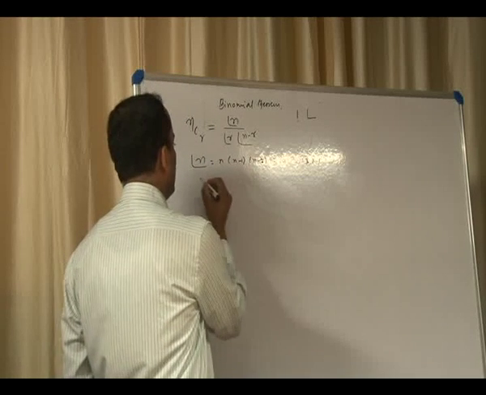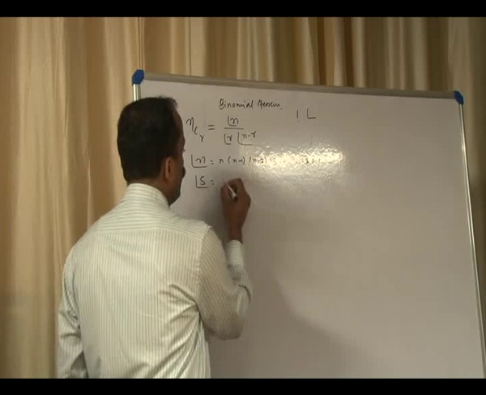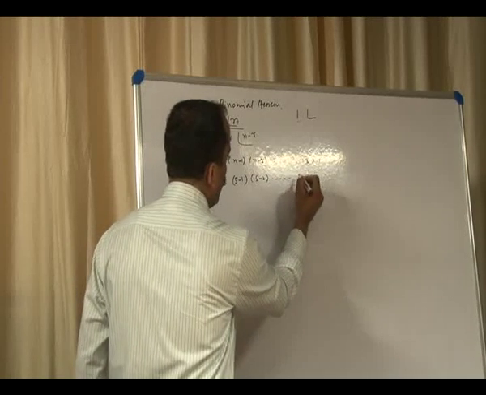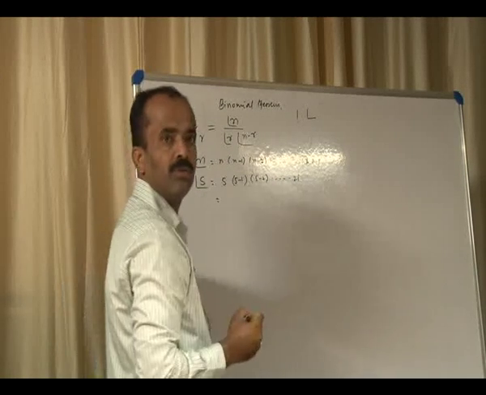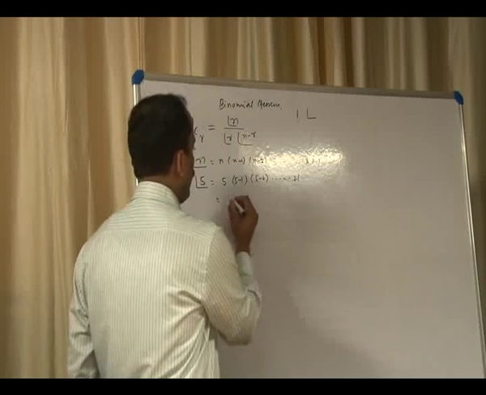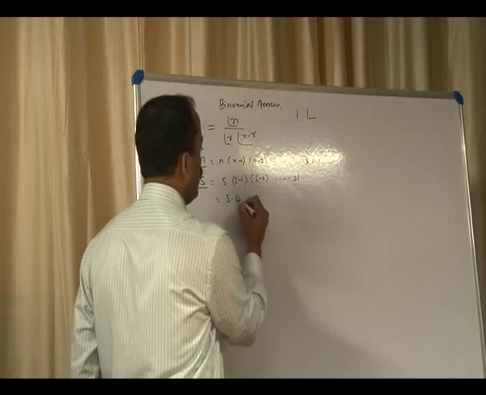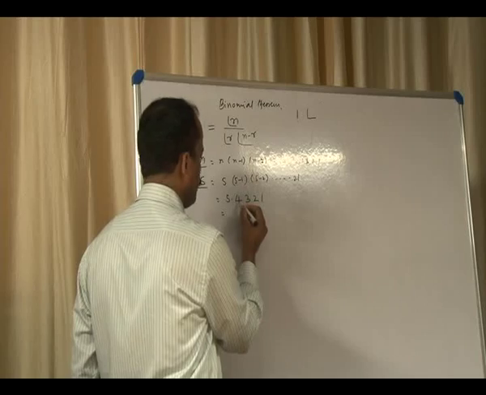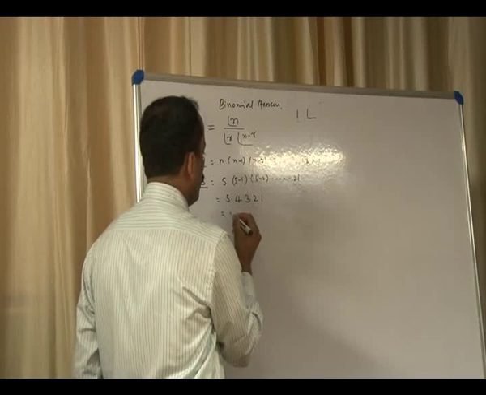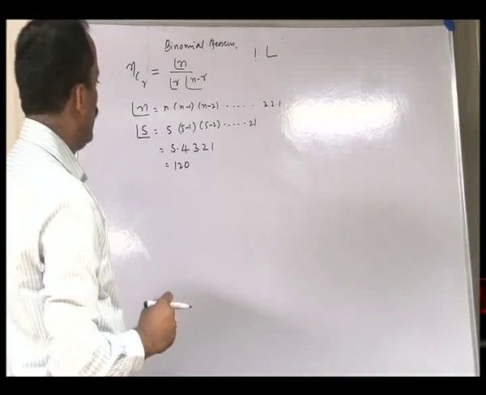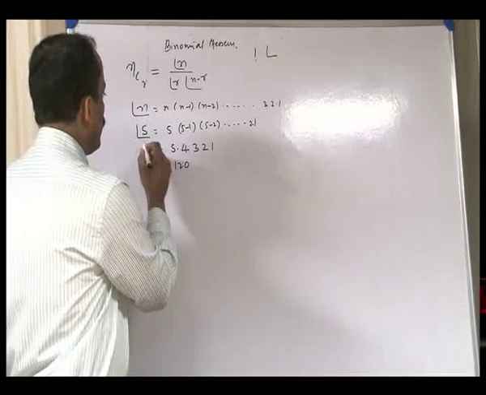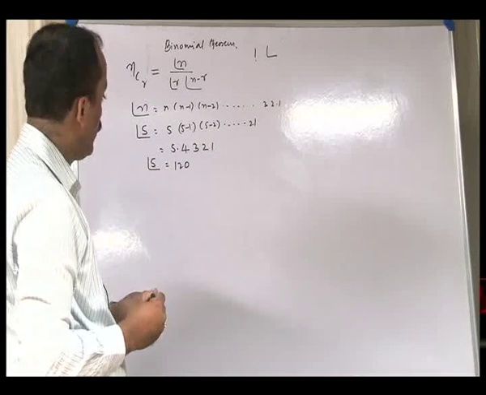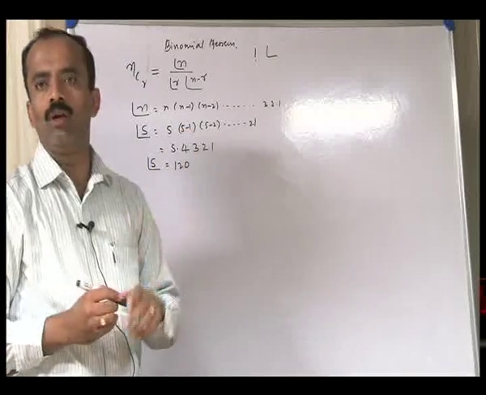For example, factorial 5 is 5 into 4 into 3 into 2 into 1. Three 2s are 6, 4 sixes are 24, into 5 is 120. So factorial 5 is equal to 120. This is the way of finding the value of a factorial.